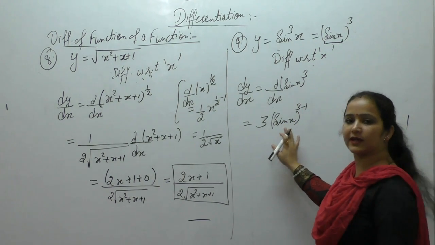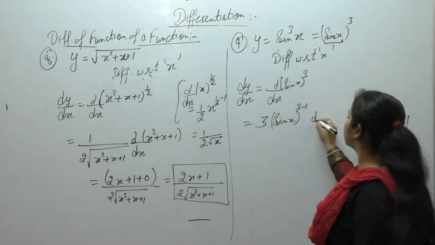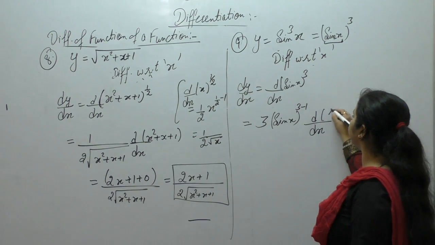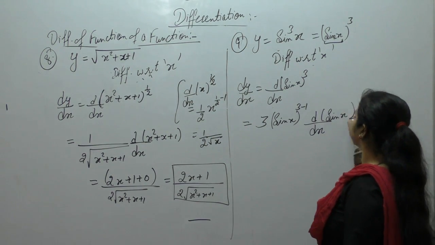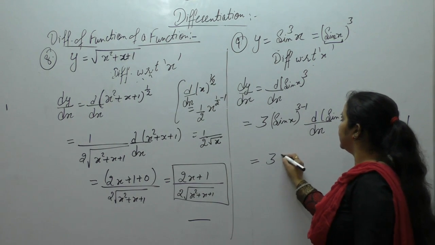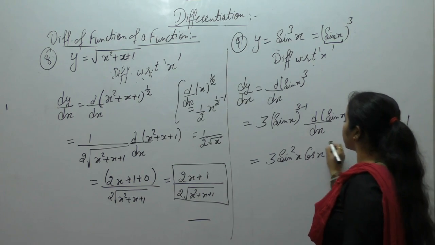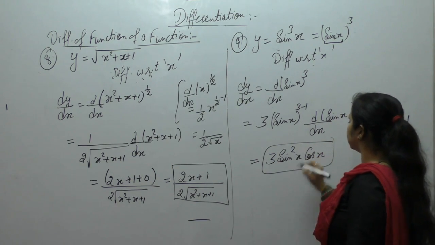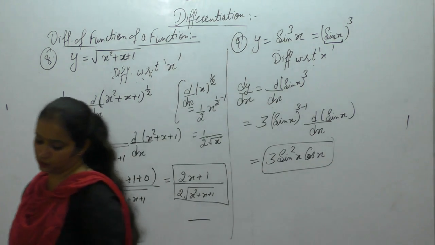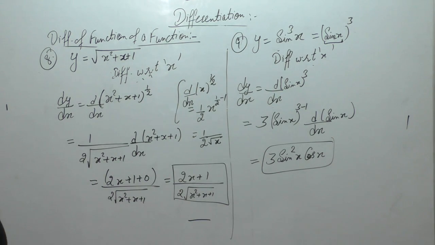Now instead of x we have sine x here, so we have to take the derivative of sine x. We get 3 sine square x, and the derivative of sine is cos of x. So the answer is 3 sine square x cos of x.